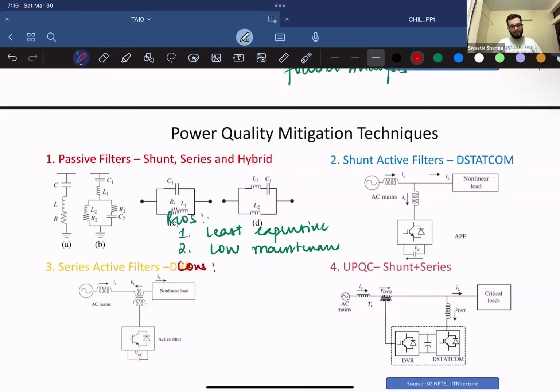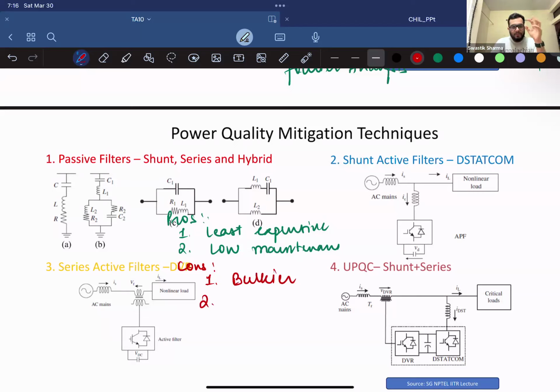What can you think of? One, the fundamental frequency needs to pass through your system, so the filter should give a low impedance path to it. But for that you need a very bulky system. The presence of inductors and capacitors makes your system bulkier in nature.